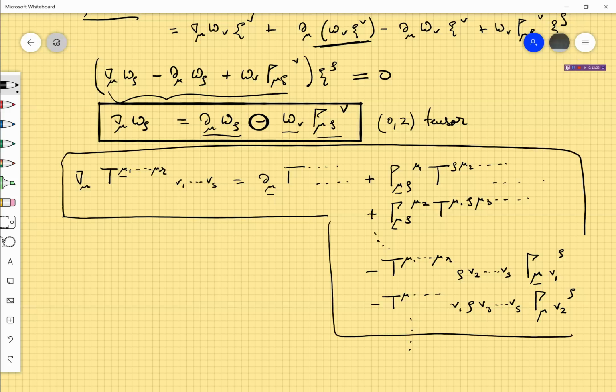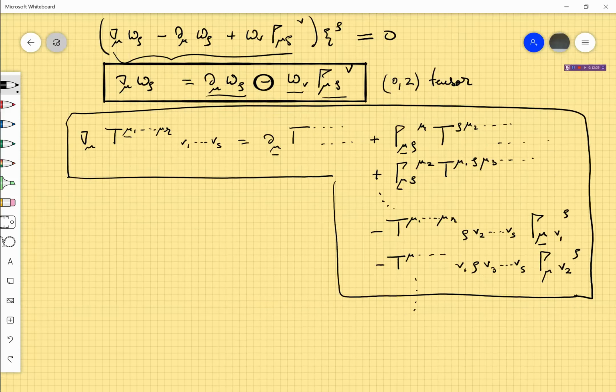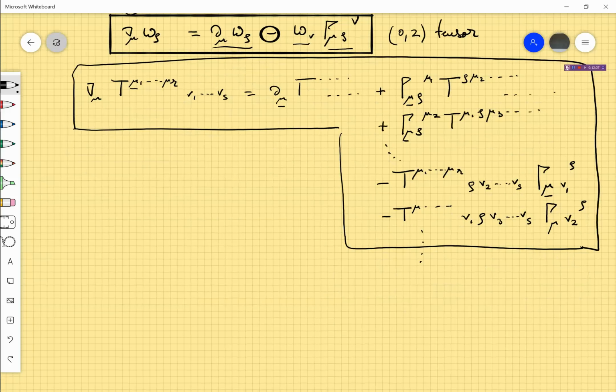And this would be the general formula for the covariant derivative of an arbitrary tensor. The main example that you will see is the covariant derivative of a vector, whether covariant or contravariant. Next is the covariant derivative of the metric. This is a very important example. According to this rule, you have first the partial derivative, and then only terms with minus sign associated to g.